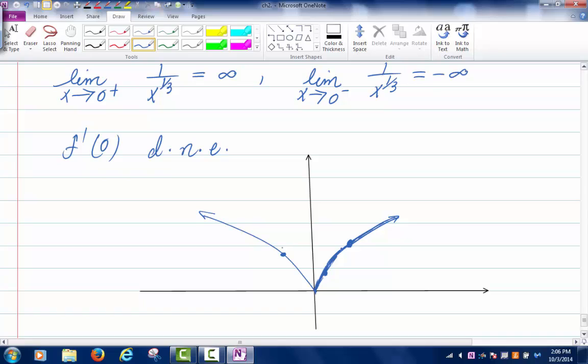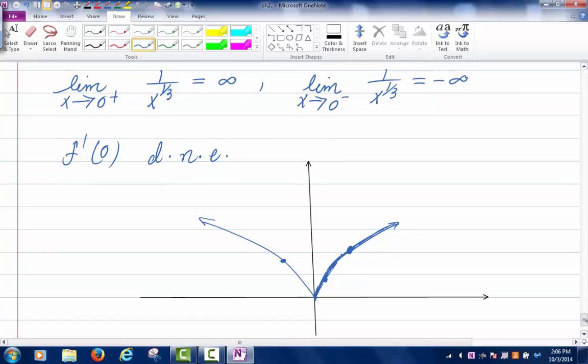Notice that the slope at a point on the right side is positive, and the slope at a point on the left is negative.